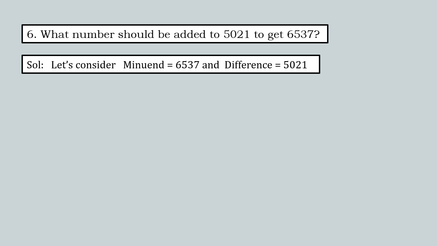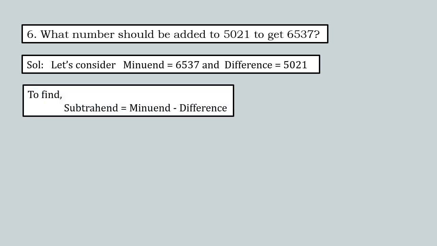Then we have to find subtrahend, because subtrahend is the number that should be added to 5021 to get minuend 6537. So here, to find subtrahend we have to subtract difference from minuend. So 6537 minus 5021 gives subtrahend as 1516.